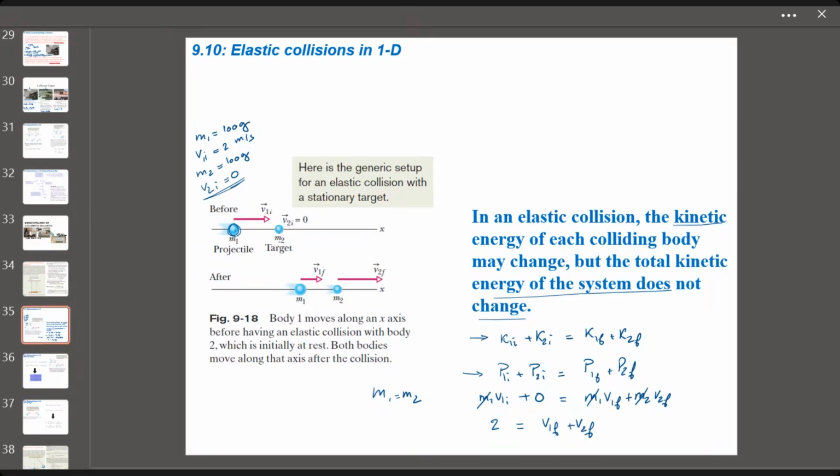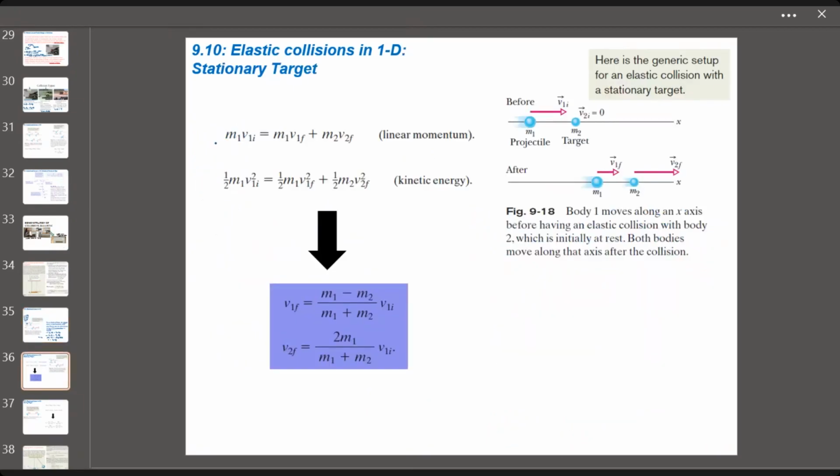I want you to see how the conservation equations will look. This is the linear momentum conservation, and I will apply conservation of kinetic energy, which will look like this. Here, the slide combines the two equations and gives you a general formula, but what I like to do is substitute the values into the first equation. I got 2 equals V1 final plus V2 final. This is the linear momentum conservation law.